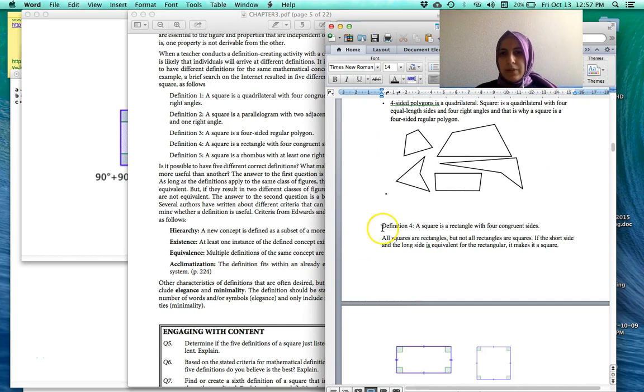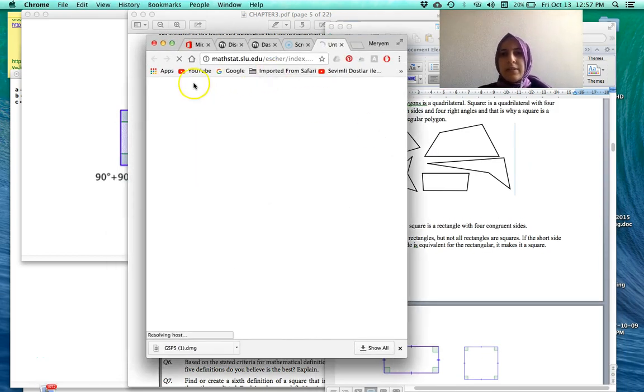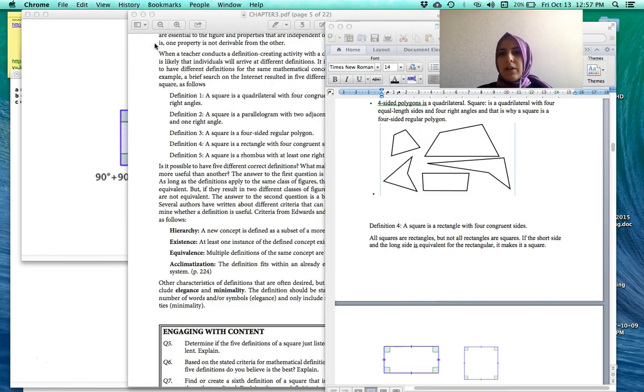Let's find a polygon. Yes, as you see, this is a polygon, and a four-sided polygon is a quadrilateral. A square is a quadrilateral with four equal sides and four right angles. That is why a square is a four-sided regular polygon.